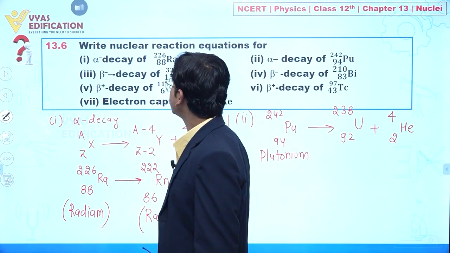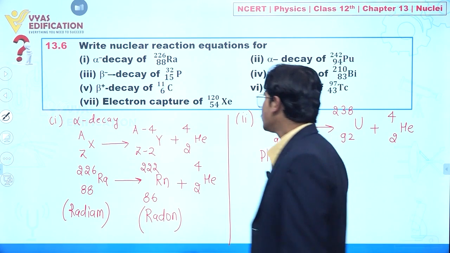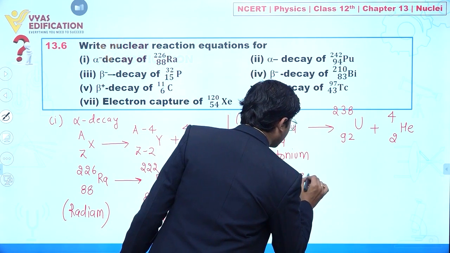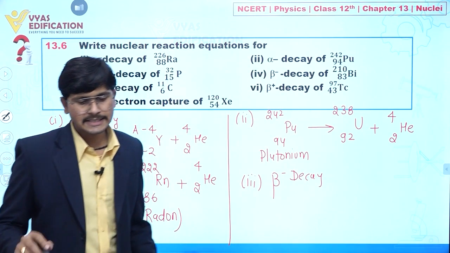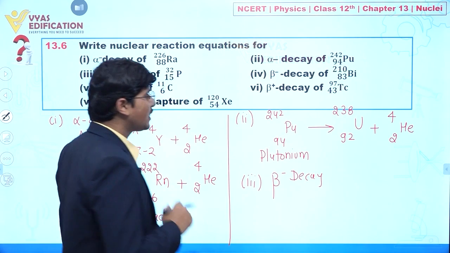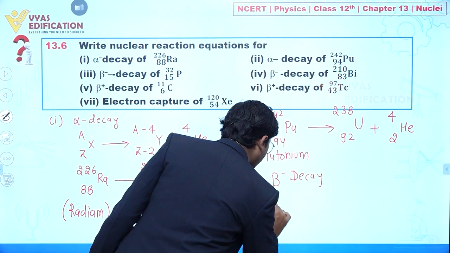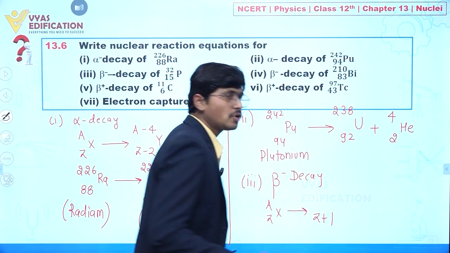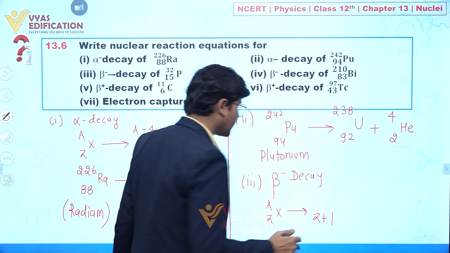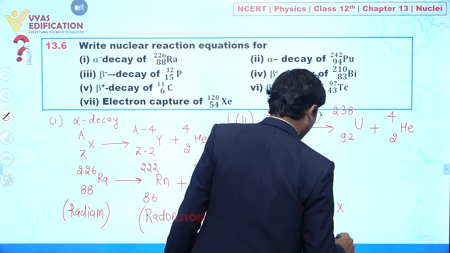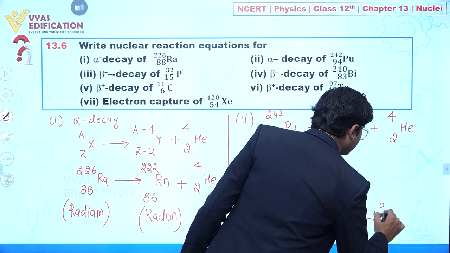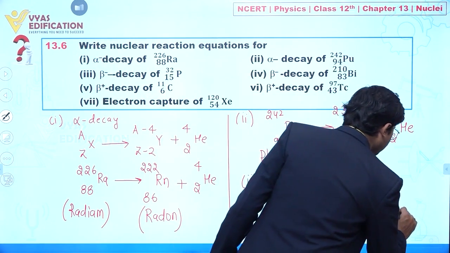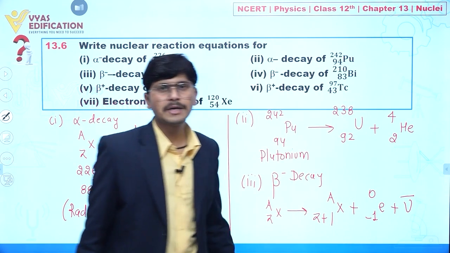Now we are going to discuss the third one. Actually we have beta minus decay of phosphorus. Clear? Whenever we are talking about beta minus decay, always keep in mind that suppose we have ZXA, so definitely because we have beta minus decay, the atomic number increases by 1, so this is Z plus 1, plus you can write this is minus 1 e 0, there is no change in the mass number, plus definitely an antineutrino particle will be emitted.